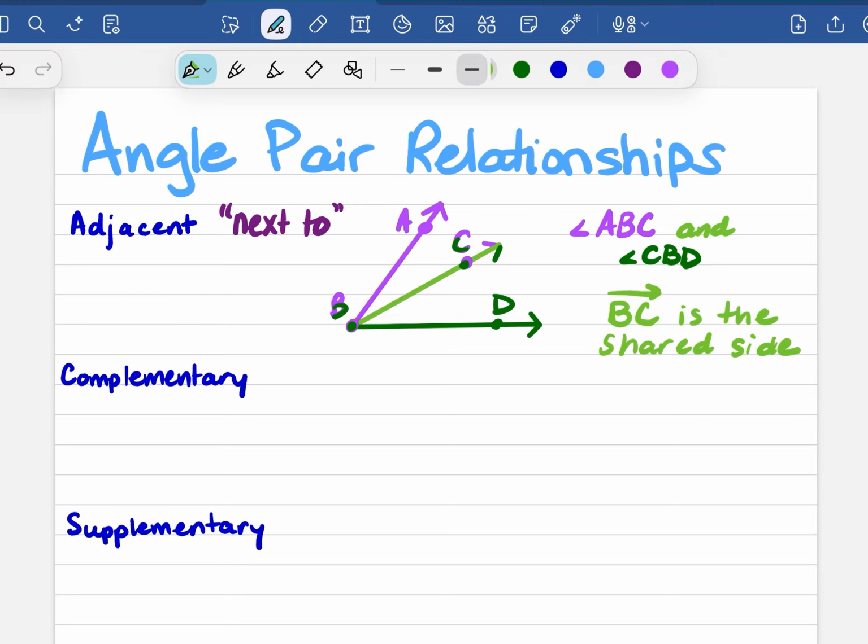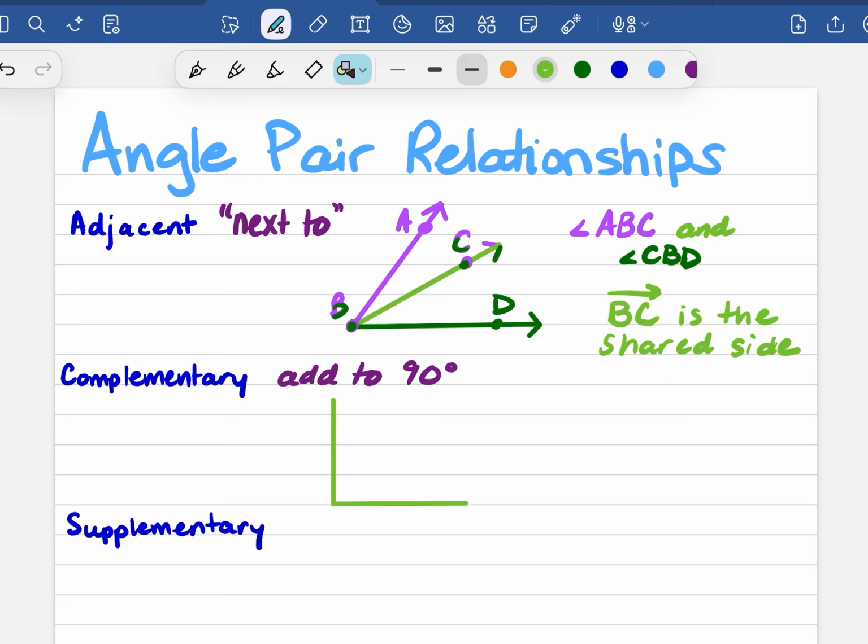Complementary angles are two angles that add to 90 degrees. So here's a 90-degree angle, here's a right angle.